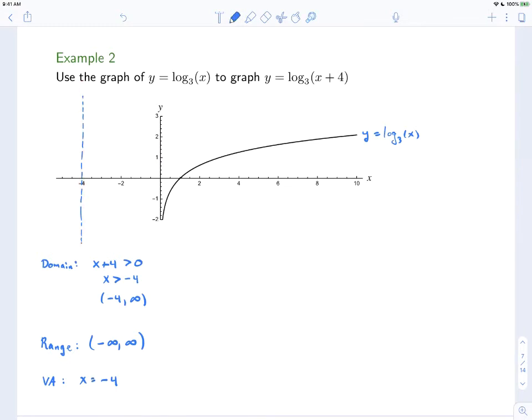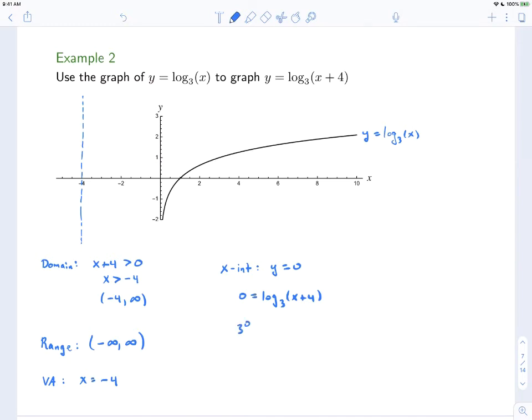Okay, so what we now need is the x-intercept. The x-intercept is where y is equal to 0. So we put y equals 0: 0 equals log base 3 of x plus 4. If we convert this into an exponential, 0 is the power of 3 that gives you x plus 4.